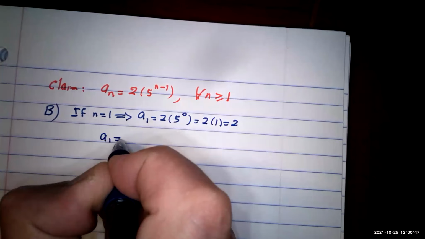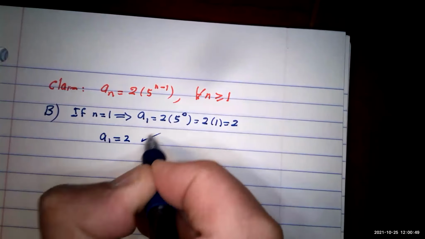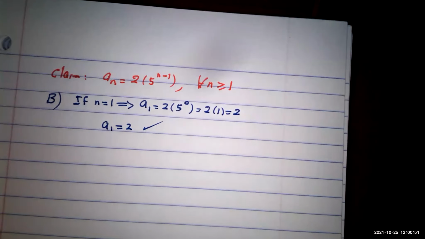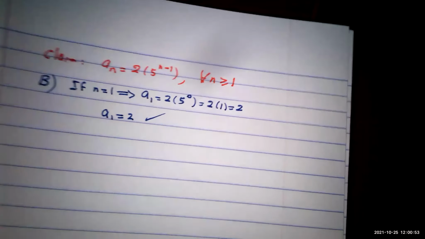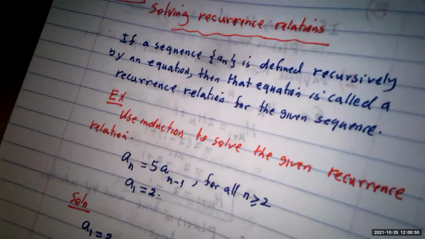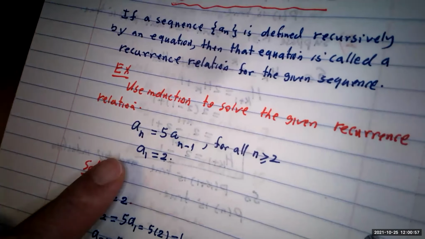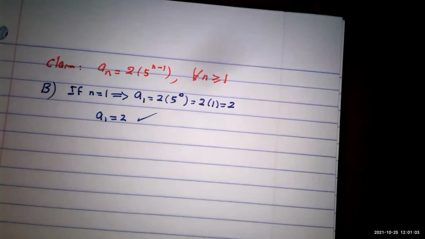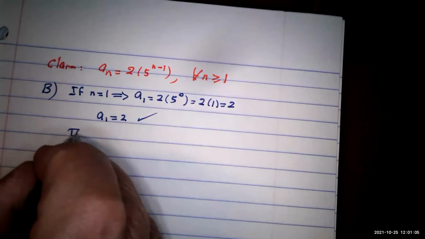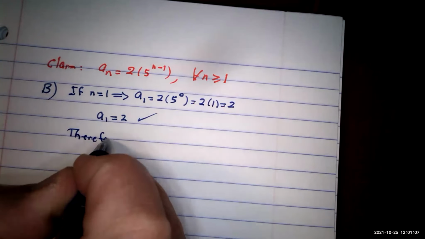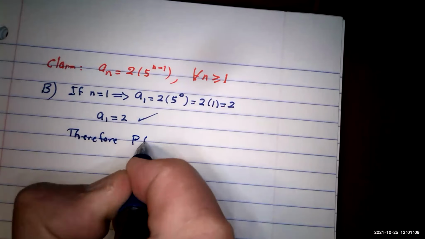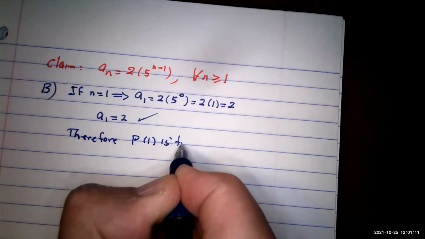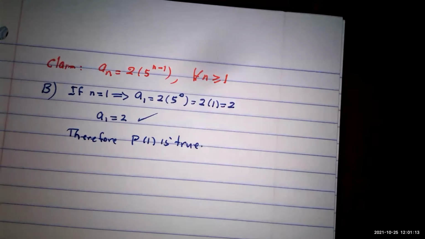So a1 is equal to 2, which is true, because a1 is already given to you, remember? a1 was one of the conditions. So P1 is true. Any question?